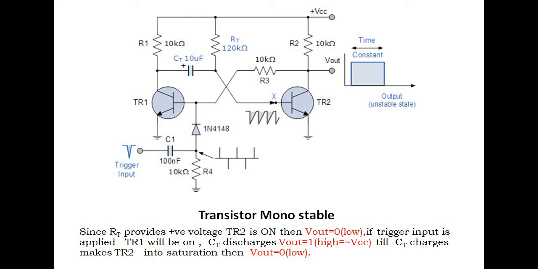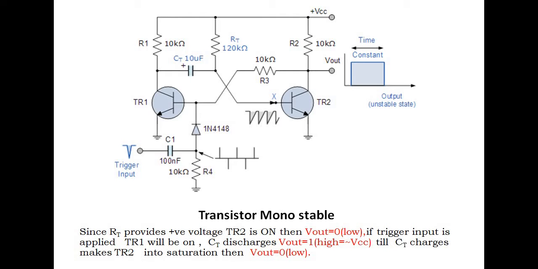As TR2 is in cutoff mode, the output is supposed to be high. How much time the output will be high depends upon RT and CT. As initially the capacitor is charged, when we apply the triggering pulse, the capacitor starts discharging, right?